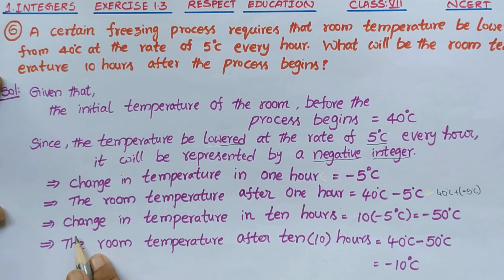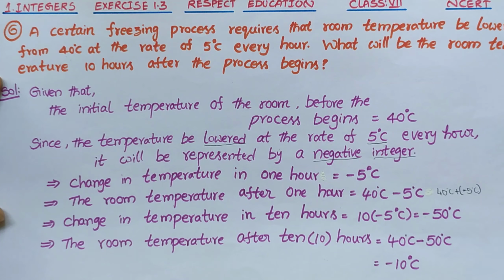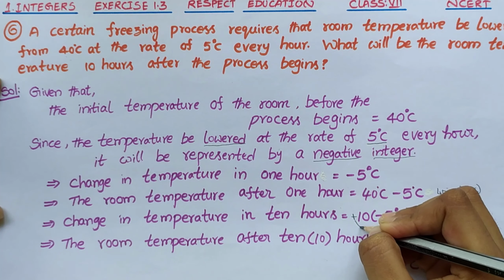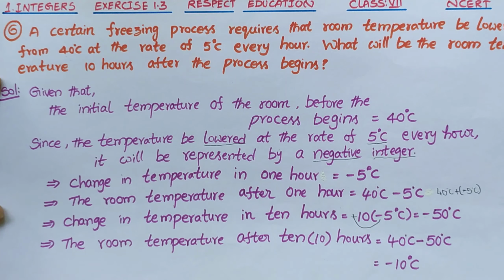Now change in temperature in 10 hours. Actually, change in temperature in 1 hour is minus 5 degrees Celsius. Change in temperature in 10 hours would be 10 into minus 5 degrees Celsius. Here plus into minus is minus, 10 5s are 50 degrees Celsius.